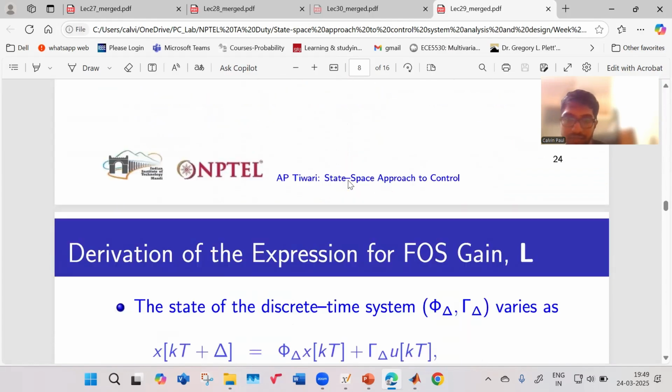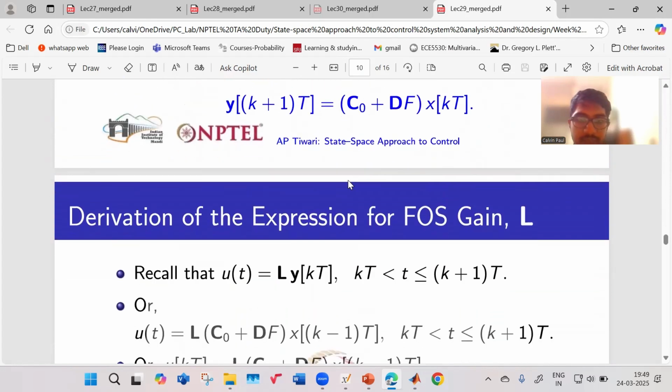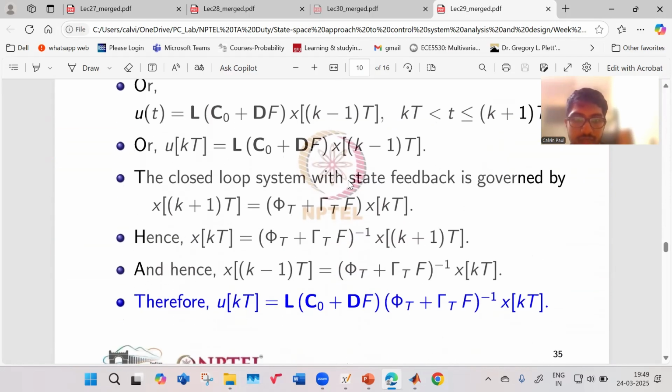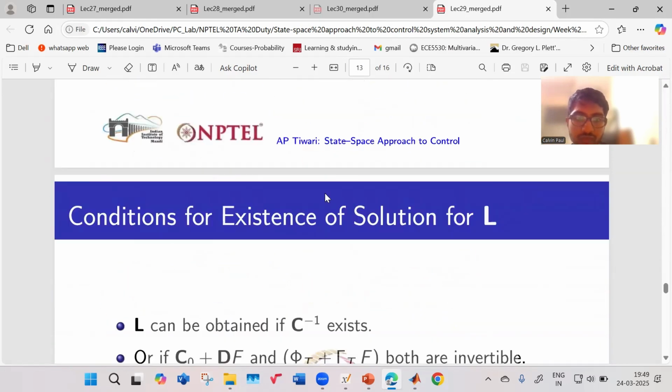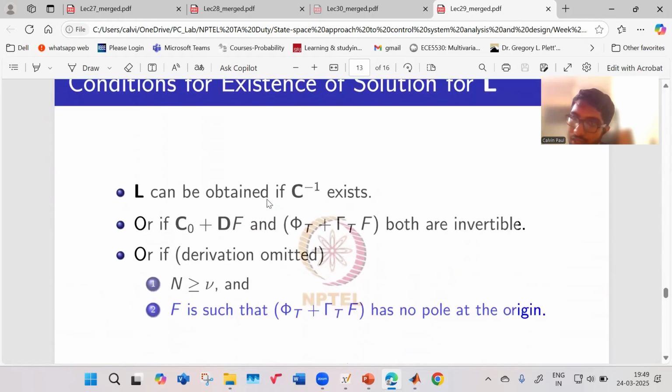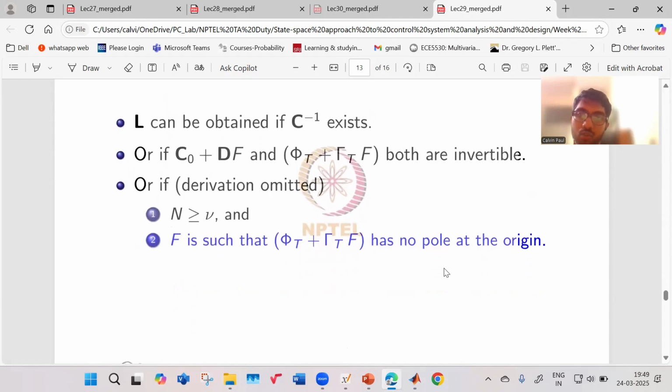This is the expression for D. This was divided over here. And this is the closed loop system. State feedback gain is 1 minus. Okay, so L can be obtained if C inverse exists. And for this, they have to show that the number of times the output is sampled should be greater than the observability index. And they have selected F such that there is no pole at the origin.